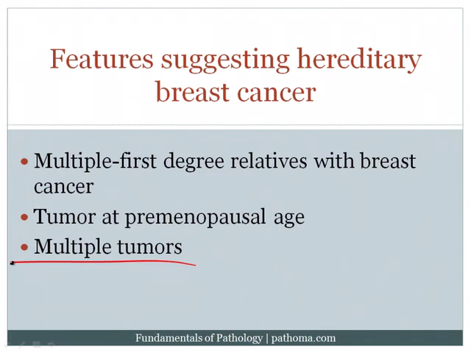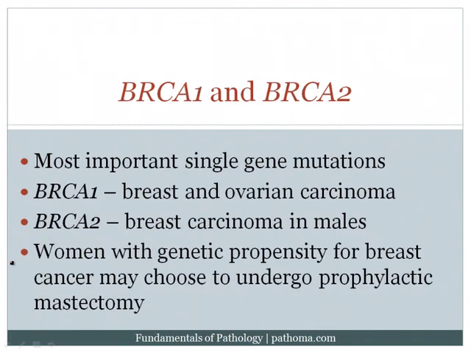When considering hereditary breast cancer, BRCA1 and BRCA2 are currently the two most important single-gene mutations in the domain of hereditary breast cancer. Let's remind ourselves that BRCA1 patients have an increased risk for both breast and ovarian carcinoma. And I'd like to remind you of a couple high-yield points here.